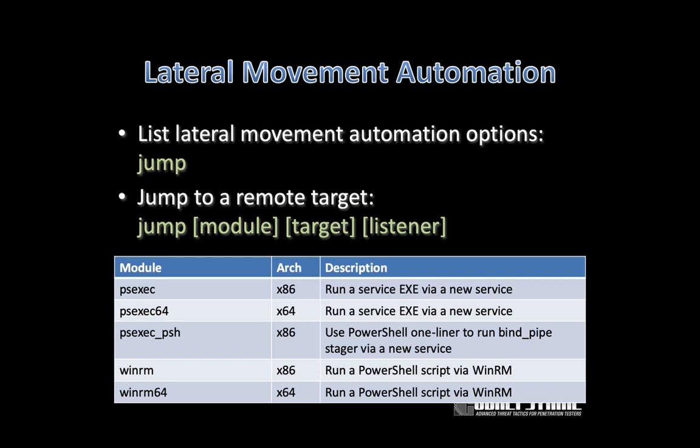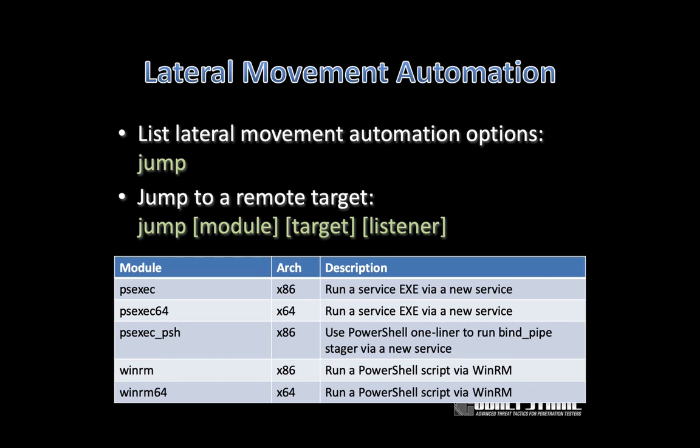There are several built-ins, for example, PSExec to run a 32-bit service exe via a new service, PSExec 64 to do the same thing except with a 64-bit service exe, PSExec PowerShell, which will use a PowerShell one-liner to run the bind pipe stager regardless of payload via a new service, and WinRM and WinRM 64, which will both run a PowerShell script via WinRM that runs your entire payload.